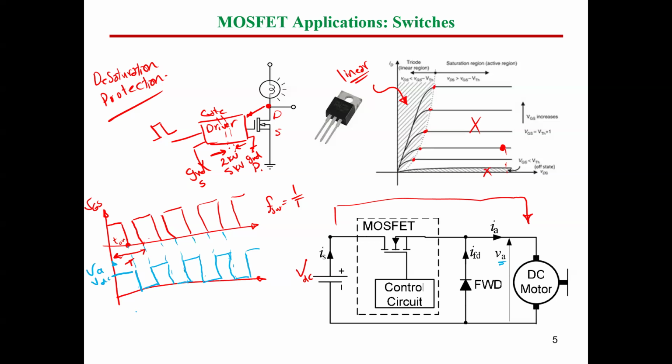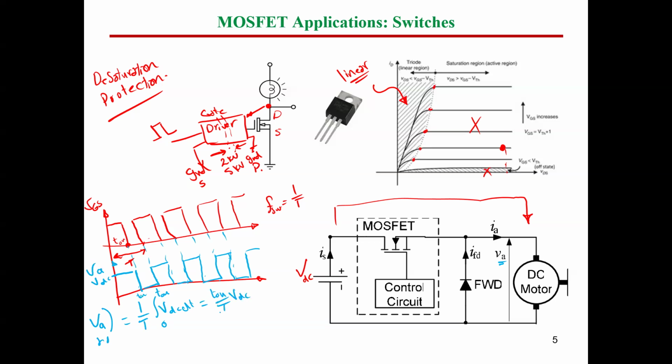If I would like to get the average value applied to the motor, because this is DC volt, it's unipolar volt, we can say VA average value equals 1 over T integration from 0 to T on this period for the supply we have here, which is VDC dt. So this is going to be T on divide T times VDC.